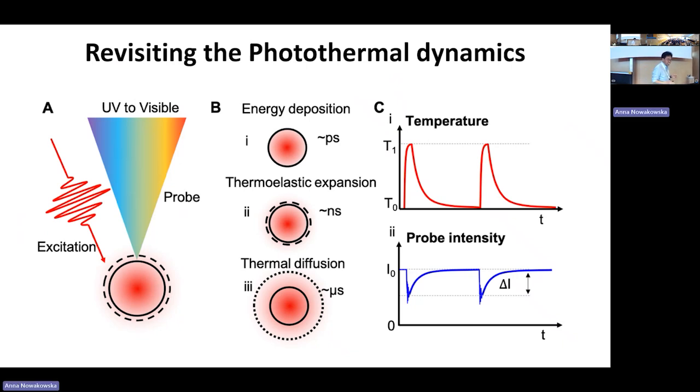This picture allows us to compare photothermal versus photoacoustic. Of all the energy, about 1% will convert into the ultrasound.